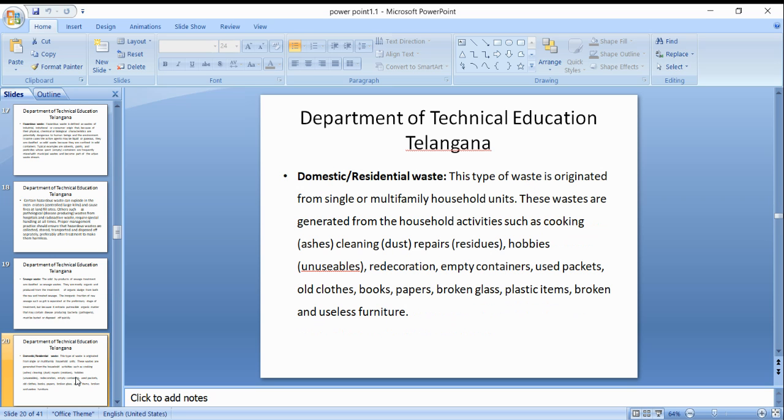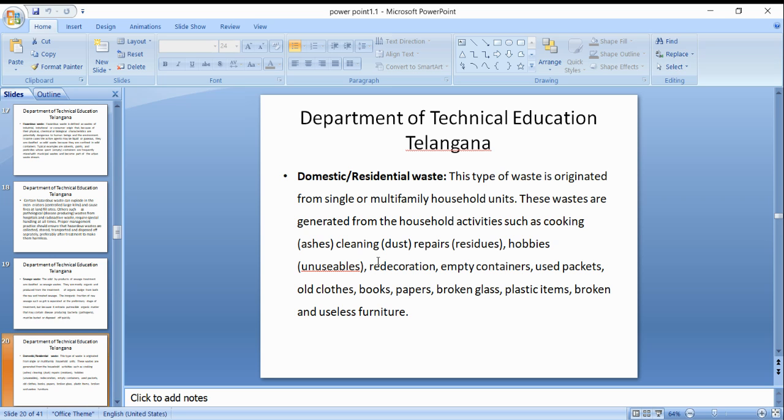Domestic residential waste. This type of waste originates from single or multi-family housing units. These wastes are generated from household activities such as cooking. In residential waste we also see ash and garbage, which is one part of domestic waste.